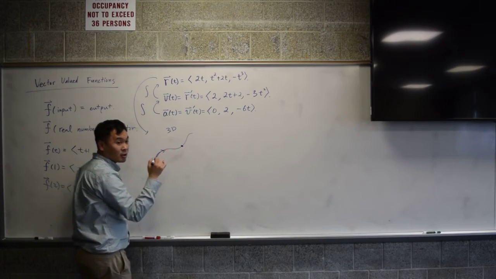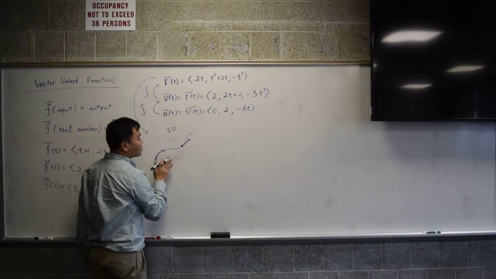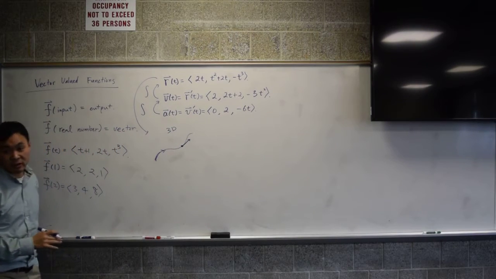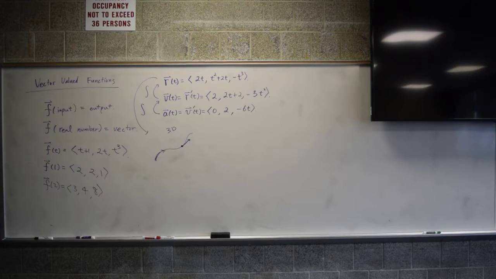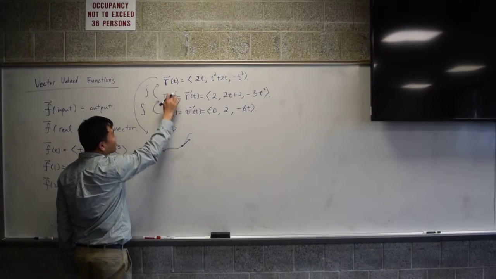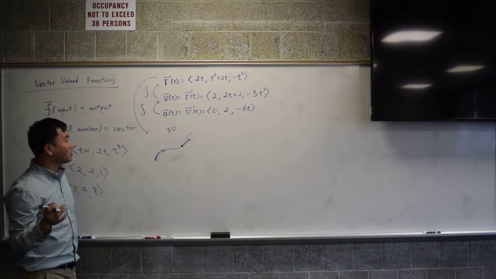It will be tangent to the curve and go in the direction where the point is moving. So there's a geometric meaning to the position and the velocity.